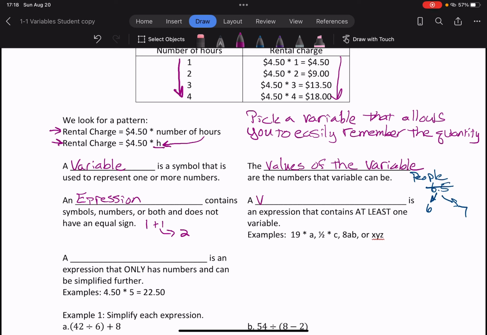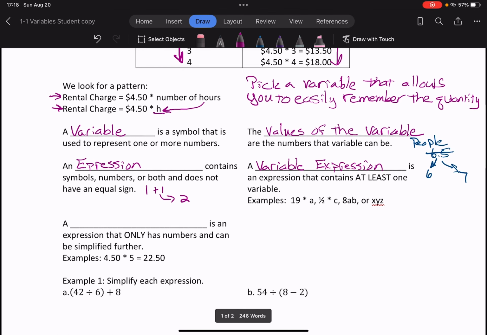So a variable expression is an expression that contains at least one variable. So we look at 19 times a, 1/2 times c, 8ab, xyz, x plus y minus z would be another one, 8 plus a plus b would be another one.